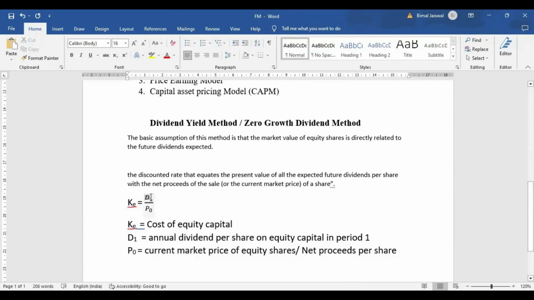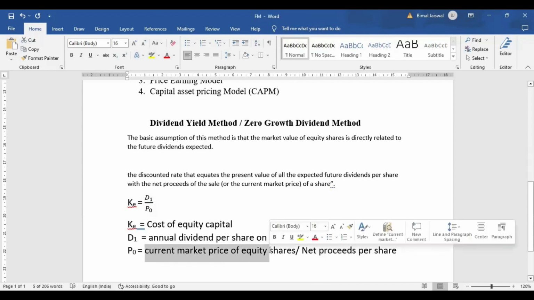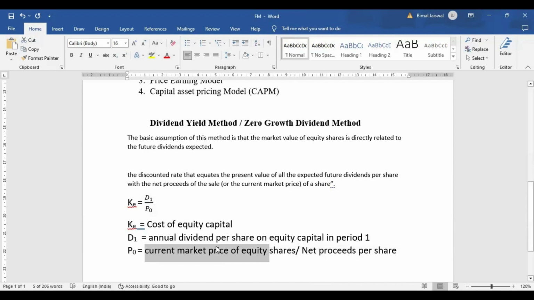This is your annual dividend per share in period 1, divided by the current market price of the equity share, which is also called net proceeds per equity share. I am saying current market price, not the issue price. It gives us the cost of equity as per this model.